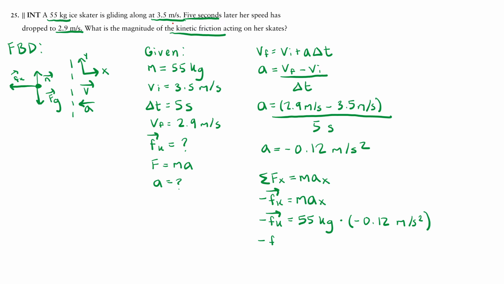And that gives us negative 6.6 newtons. And we can take off those negative signs to find that the magnitude of the kinetic friction force is 6.6 newtons, and that will be the final answer for this question.